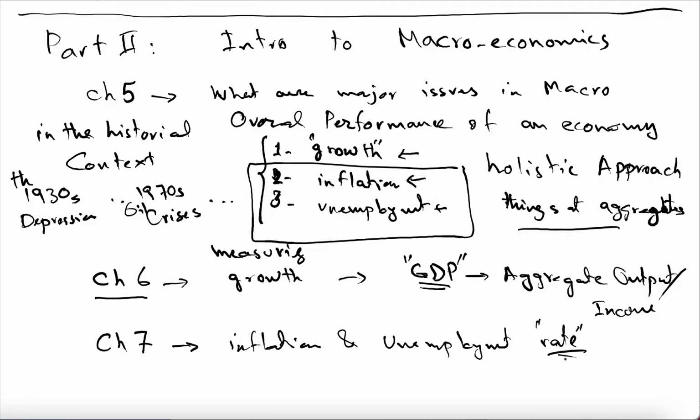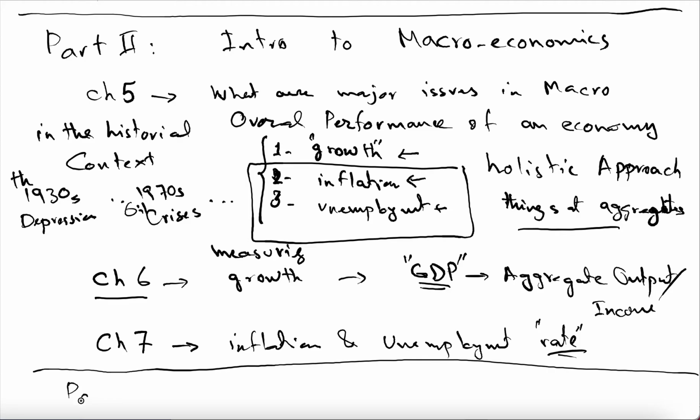We are defining a rate which shows how much the inflation is and how much unemployment is, to what extent they are problems and to what extent they are not. Okay, so by this we will finish the introductory part of macroeconomics. Then in part 3 we start the core macro model.